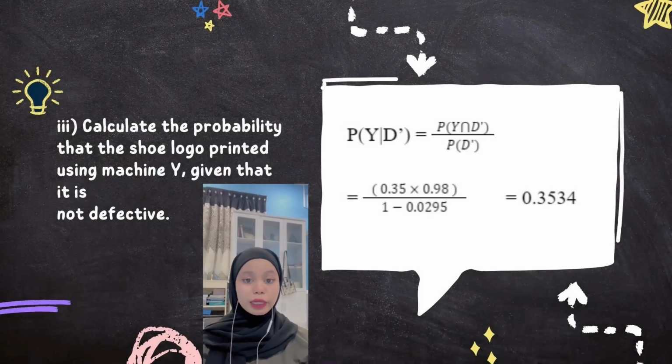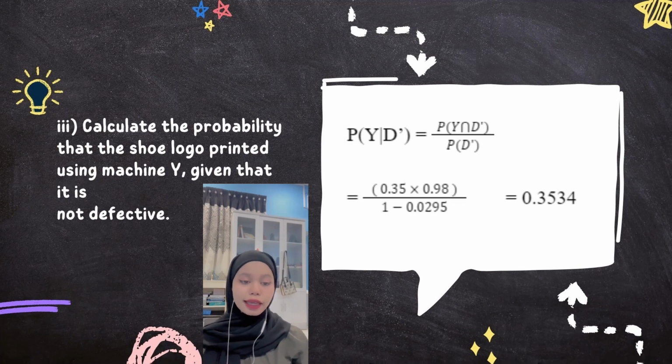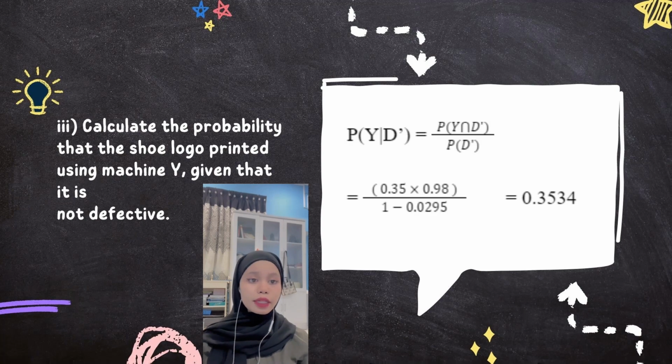So for the last question, we need to calculate the probability that the shoe logo was printed using machine Y, given that it is not defective. To calculate this, we use the formula that I have stated.